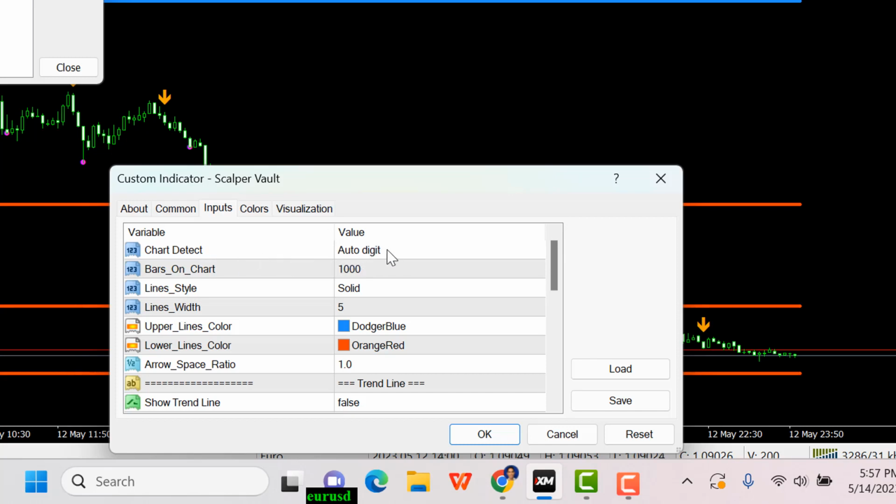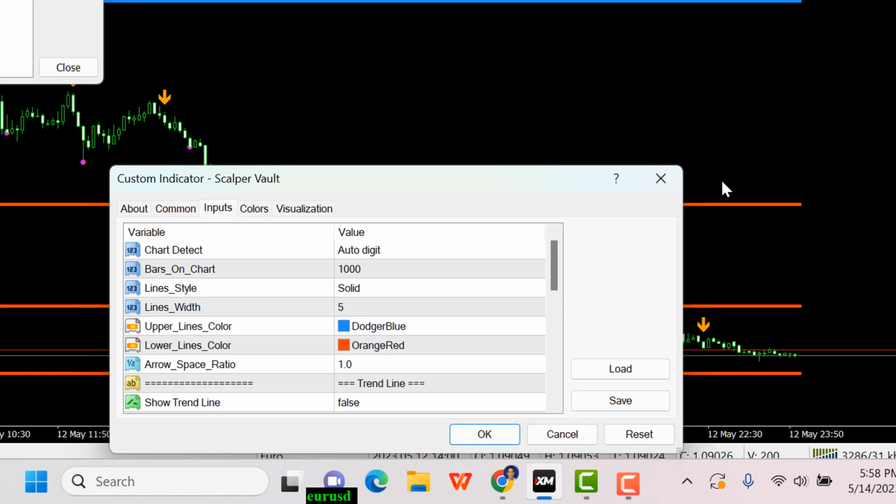It can be set to auto digit, meaning that the digits after the whole number of the currency will be automatically detected, and that would be represented by the distance between one level of the guns level to the other level. Meaning, if a currency has a 5-digit number, the guns level will be adjusted accordingly.